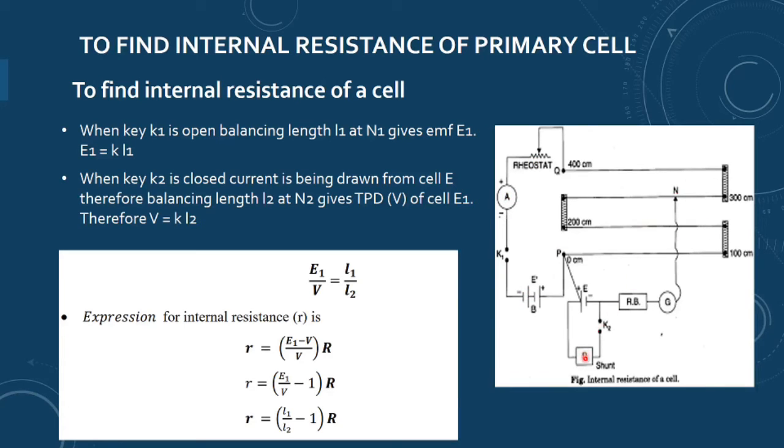And if I change the resistance R, which is the shunt resistance, from the smaller resistance box, then L2 will change and I will have different readings for checking the internal resistance of a given cell. So I can find the internal resistance of the primary cell by using this circuit.